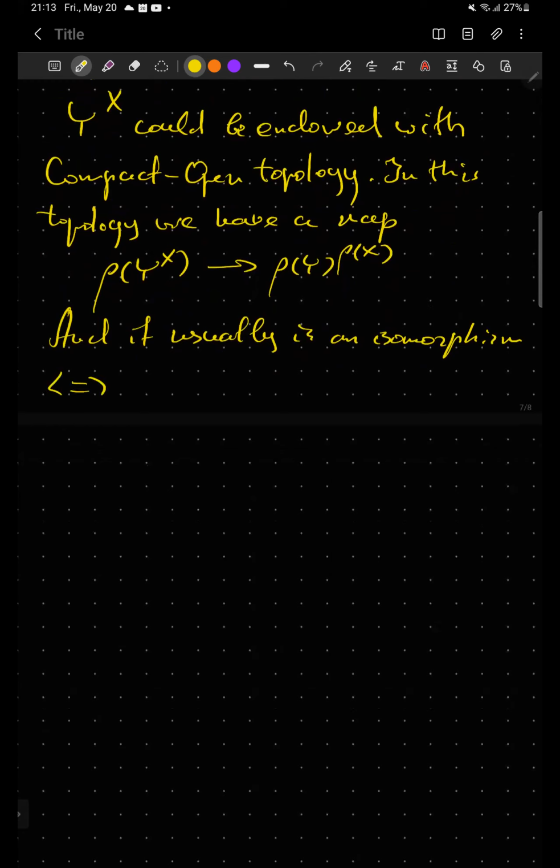Well, this is an isomorphism precisely when X would be covered by elements of T.